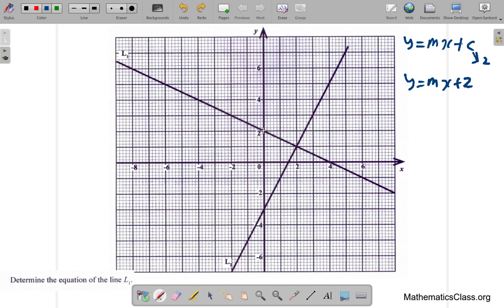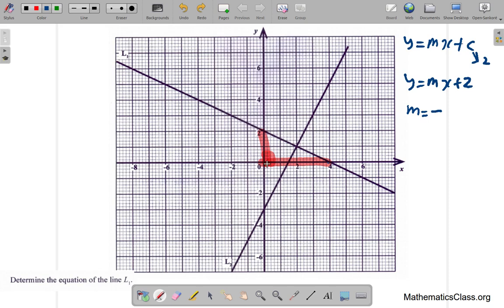Here, what we could do is say the gradient of this line, if we form a right angle triangle right here, is how much it rises over how much it runs. Going from this point to this point, you would be falling, so it's a negative gradient.